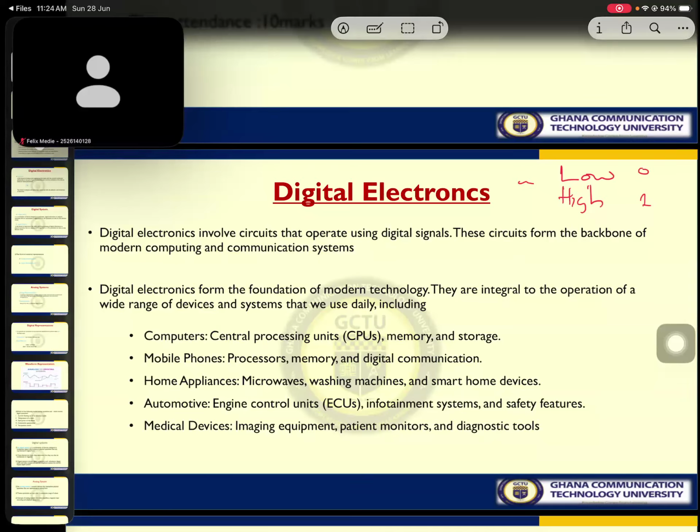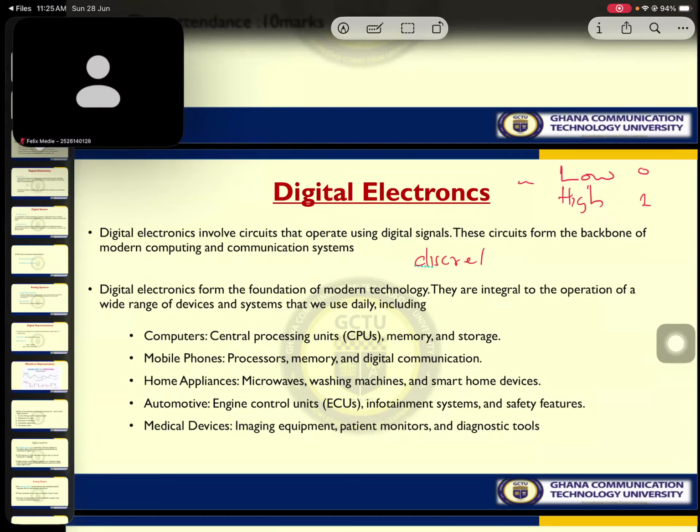Now, electronics is basically a branch of science and engineering that is concerned with the behavior and movement of electrons, especially in devices such as diodes, transistors, integrated circuits, and so on and so forth. So when we say digital electronics, we mean the part of electronics where information is processed in a discrete form.